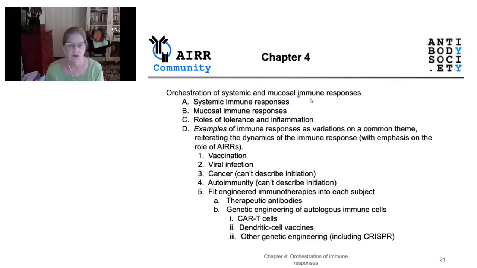We're going to be talking about systemic immune responses as opposed to mucosal immune responses, and a little bit about the roles of tolerance and inflammation. Then I'll give you some examples of vaccination, viral infection, and cancer, and so forth. And then a little bit about engineered immunotherapeutics.